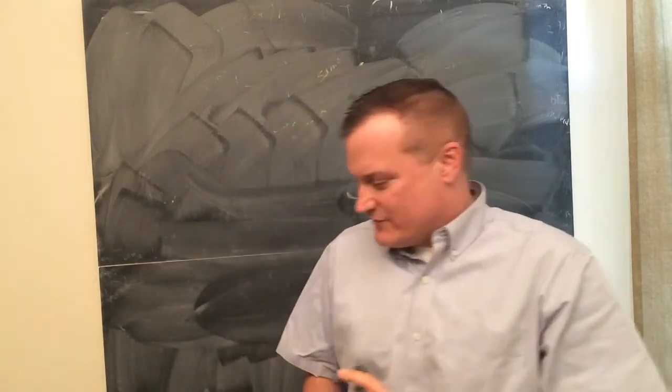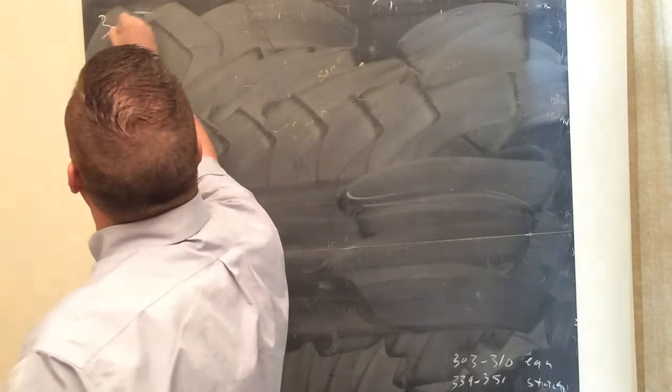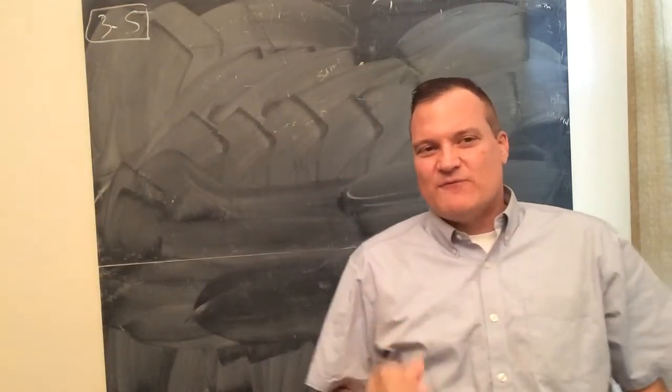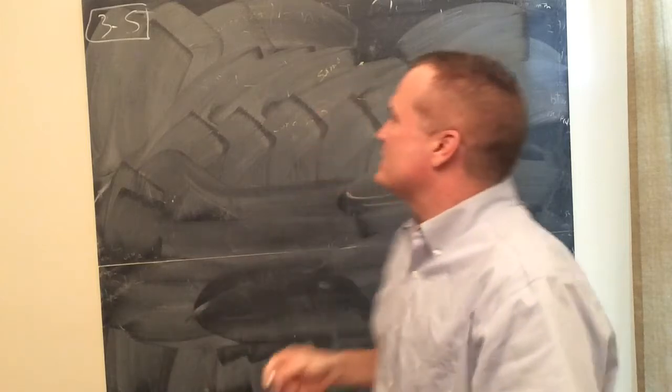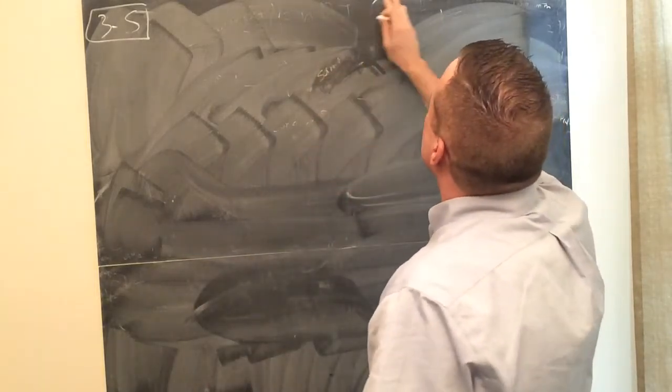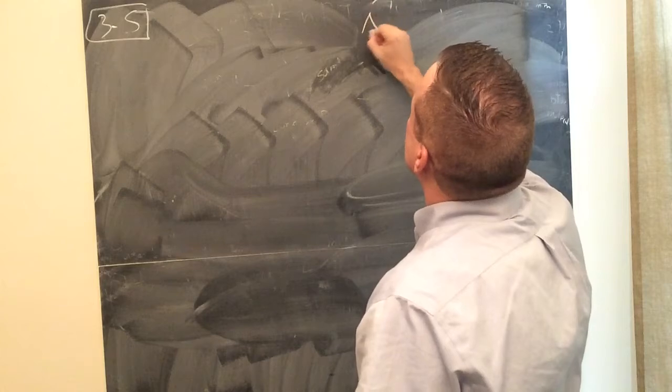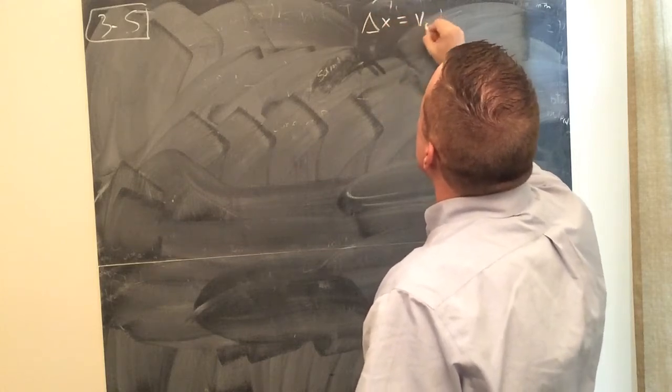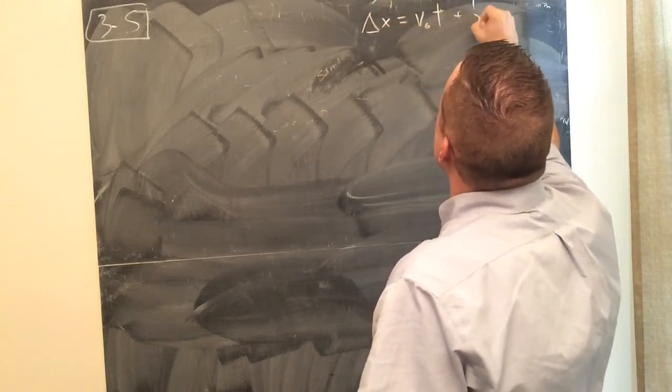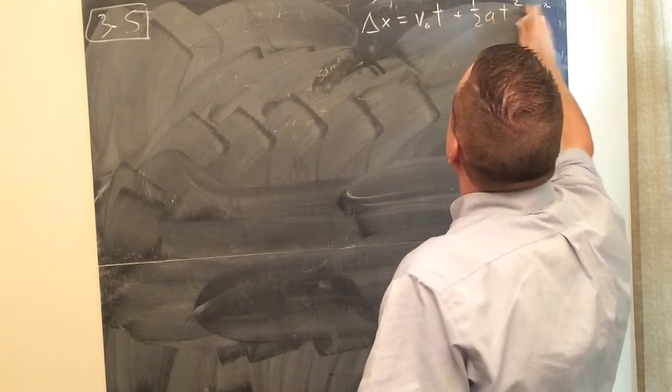Anyway, for the free-falling motion, what we're talking about is objects that are falling under the influence of gravity. This is 3.5. And all of the equations that I've been giving you before, all the kinematics equations, for example, you've seen this one: delta x equals V0 t plus 1/2 a t squared.